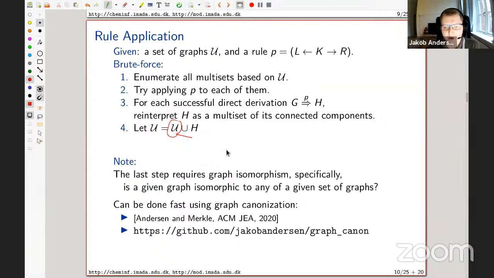So at some point we turned to graph canonization and tried to use that for this case. It turned out that the existing tools were not generic enough for integrating them. So we did our own thing, and you can read more about that in this publication and at this link where you can download the library as well.